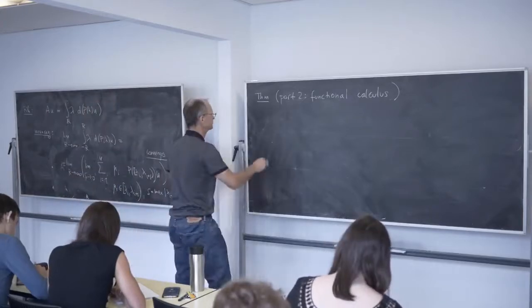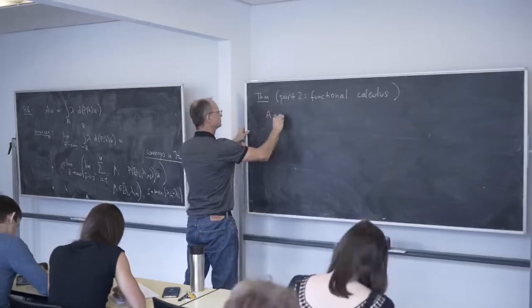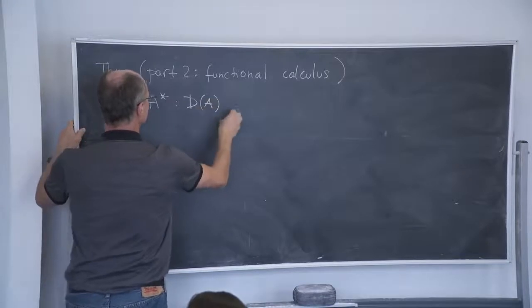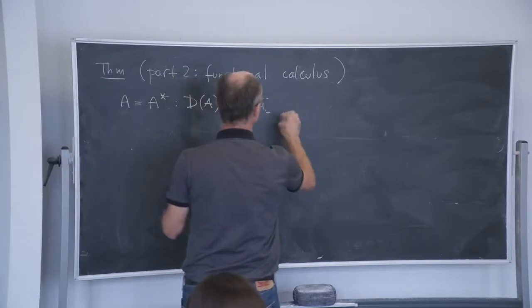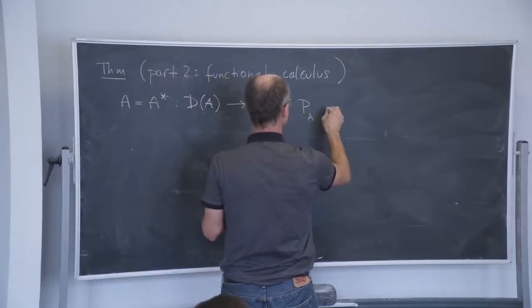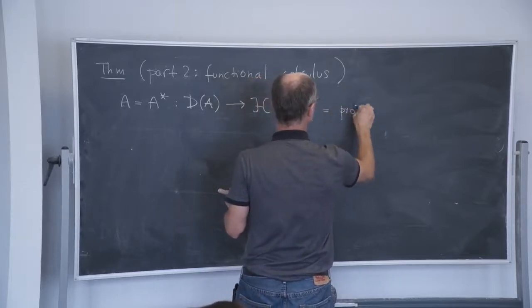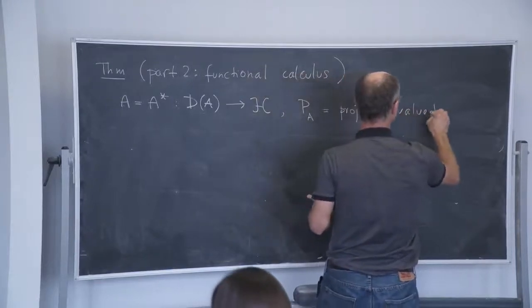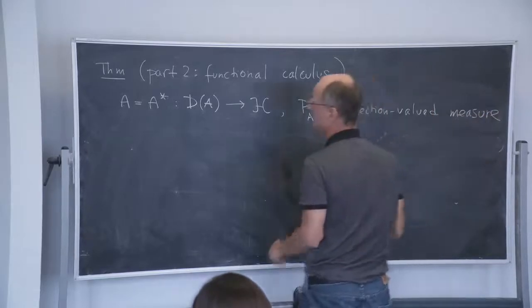Now, again, we have, as before, the self-adjoint operator A. P_A is the corresponding projection valued measure.